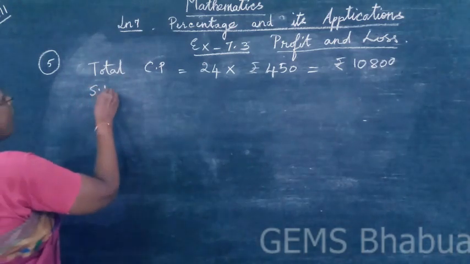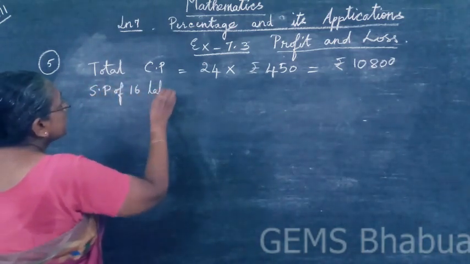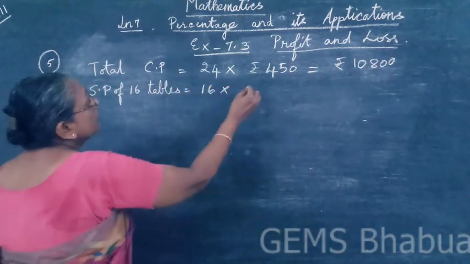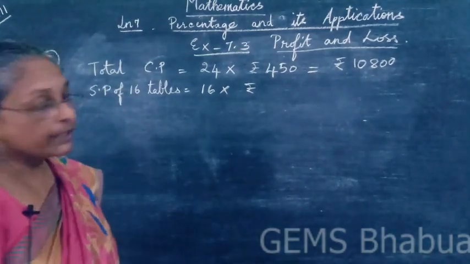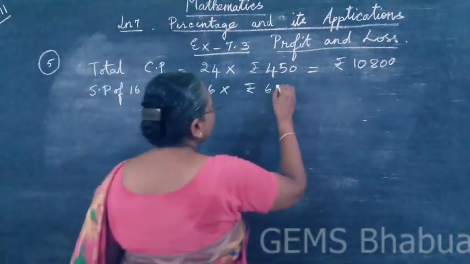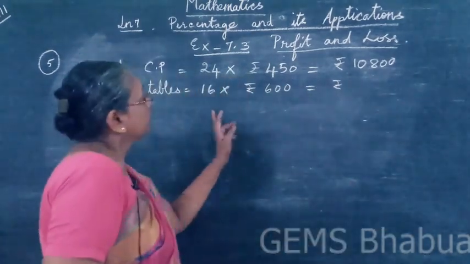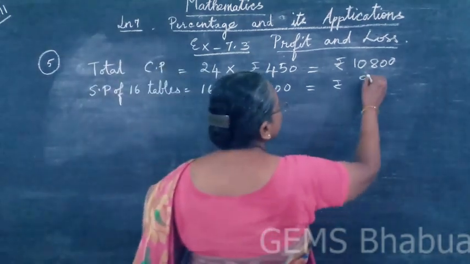So what is the SP of 16 tables? That will be 16 multiplied with rupees 600. Each table costs rupees 600, therefore 16 tables will cost rupees 9,600.